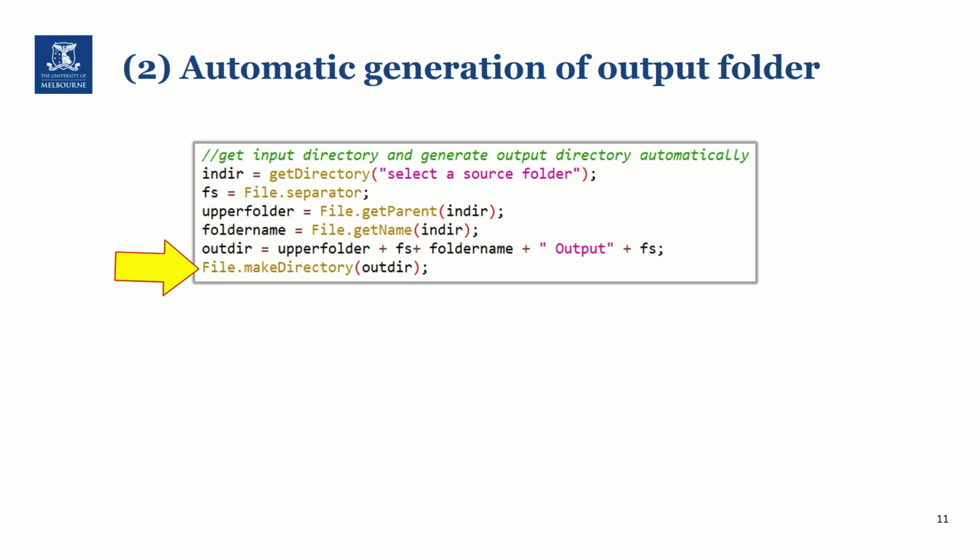So we can use this outdir in the function file.makeDirectory. All of these processes are dependent on the indir value, so this get directory section can also be put together as a complete component, and I can add comments at the top.